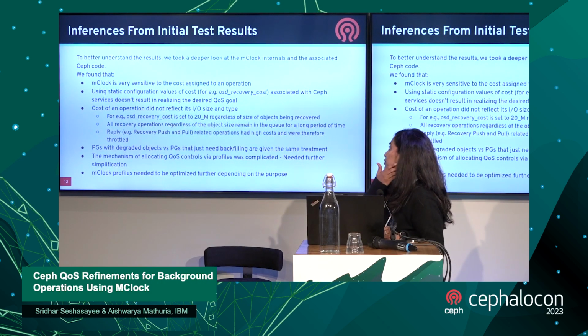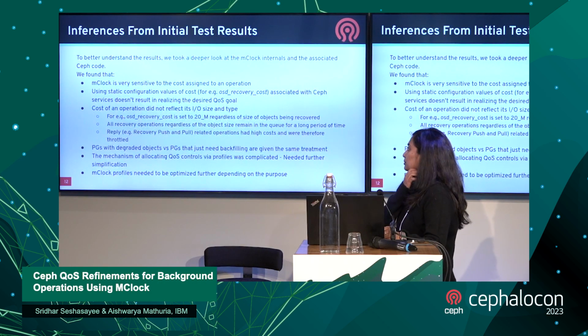The inference we drew from these test results was that MClock is very sensitive to the cost assigned to an operation. The previous method of assigning a static cost would not work with MClock, because the cost in MClock needs to actually reflect the size of the I/O.